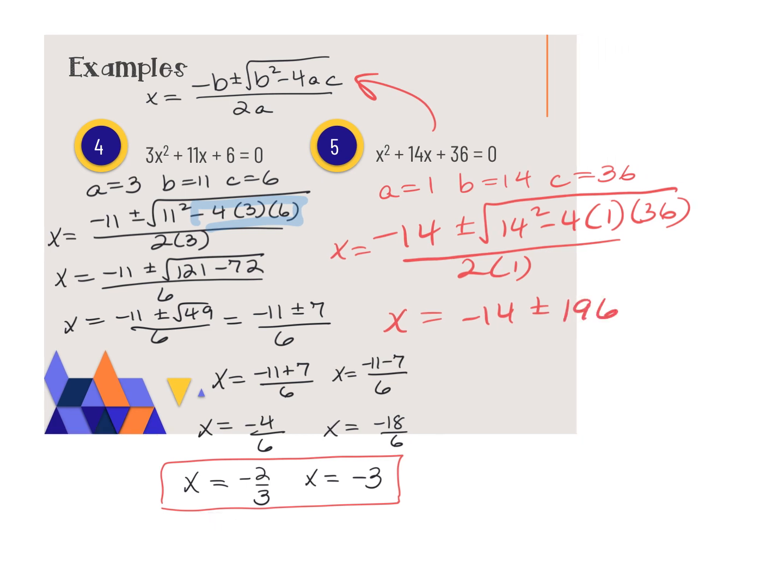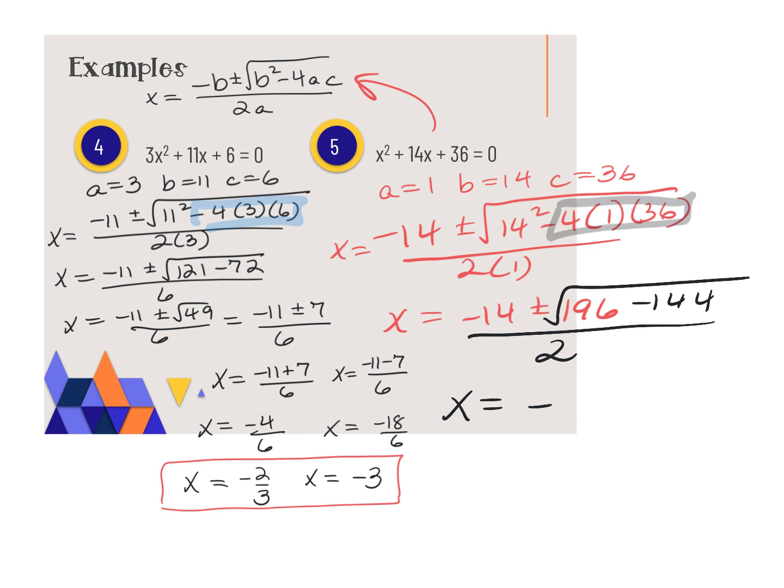And then when I multiply the negative 4 times 1 times 36, that's 144, negative. So negative 144, still under the radical. And now I'm going to subtract 196 minus 144 gives me 52.